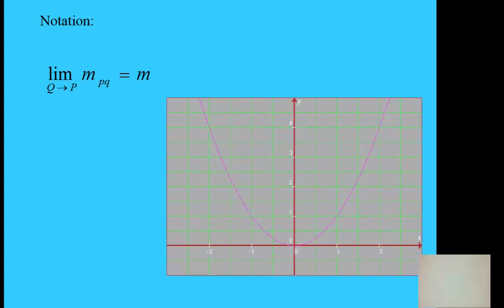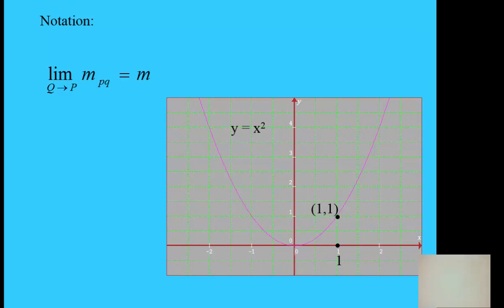Now let's look at the notation that we're going to use in these calculations. This is called a limit. Now let's discuss the different pieces of this expression that we have here. What we did a few minutes ago is we looked at finding the slope of a tangent line at a particular point.